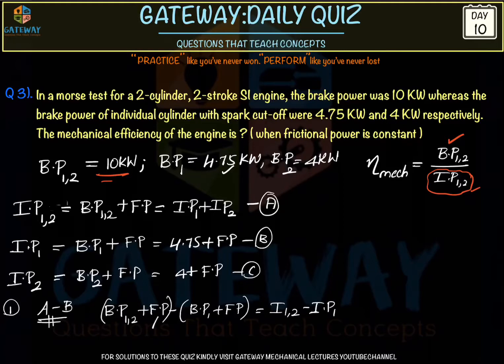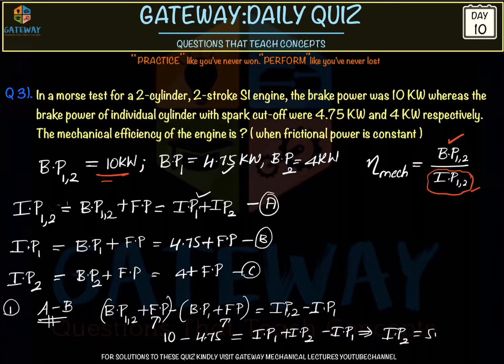FP and FP will cancel out on subtraction, and BP 1 comma 2 was given in the question as 10 and BP 1 was given as 4.75, and that is nothing but 5.25. And IP of 1 comma 2 can be written as IP1 plus IP2, and also we have a minus of IP1, so from here we'll get the value of IP2 as 5.25 kilowatts.